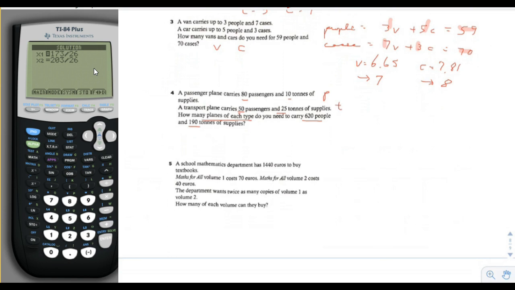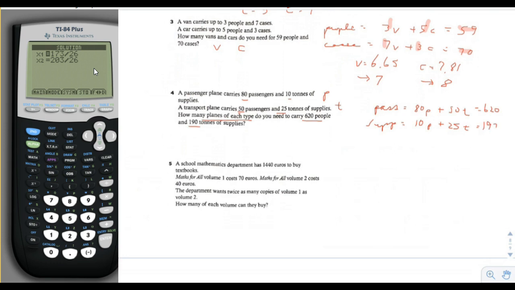So the number of passengers is equal to 80 times P plus 50 times T. The number of supplies is equal to 10 times P plus 25 times T. The number of passengers total that we need to carry is 620, and the number of supplies we need to take is 190 tons.